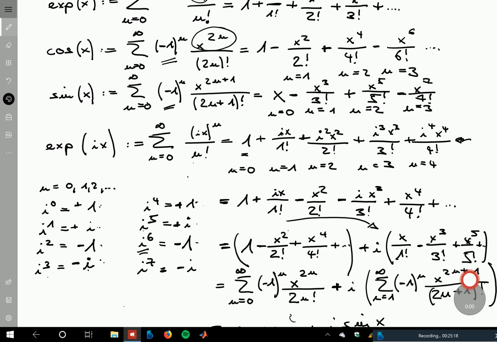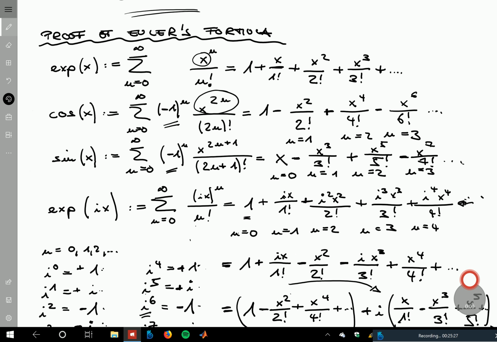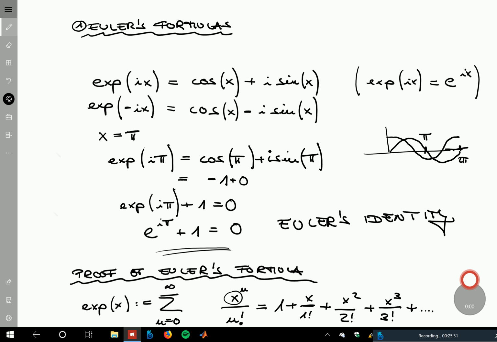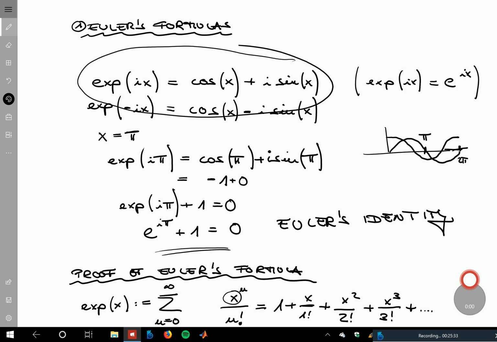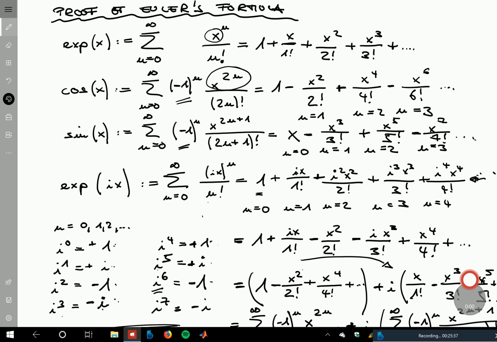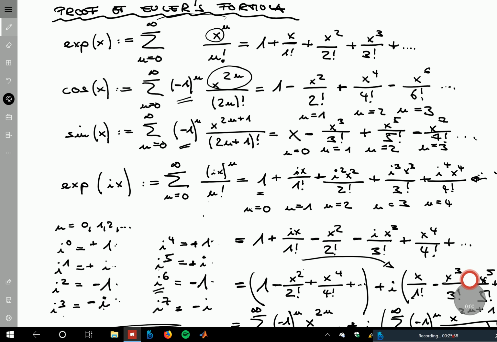Maybe it's even better if you write out more terms here, then you can see it even better. Essentially Euler's formula just follows from these definitions here. This is the whole message.